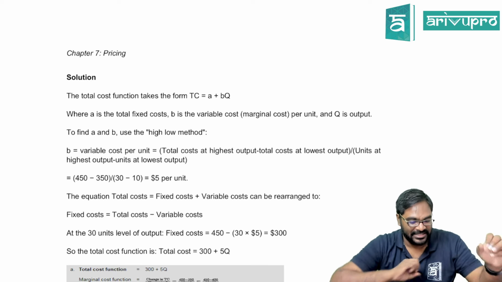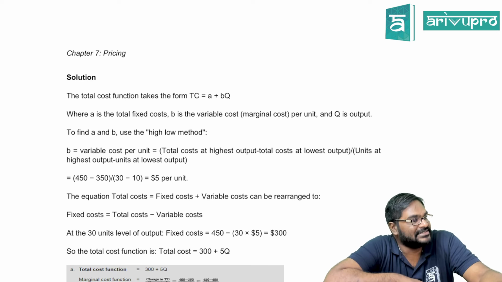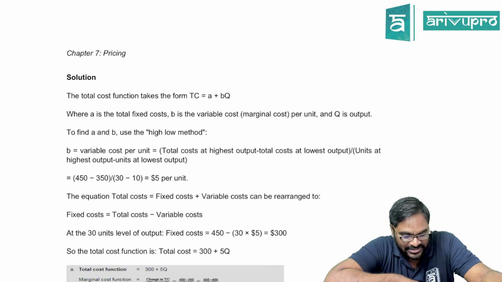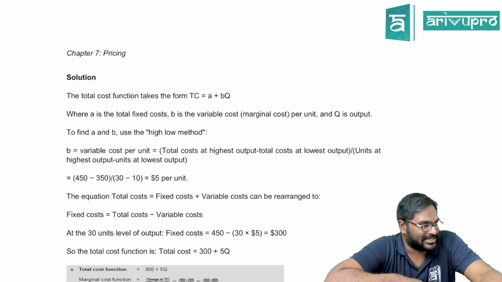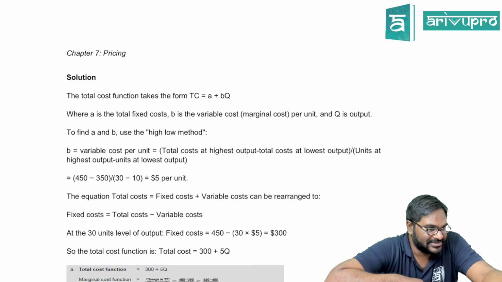Then B is the variable cost or the marginal cost per unit. Q is the output. And to figure out B, the variable cost or the marginal cost, we can use a method called high-low method. This is a shortcut. Are we good? Clear? Right.